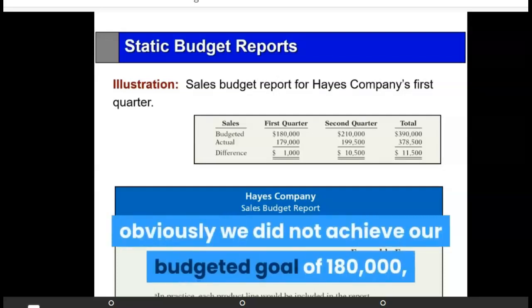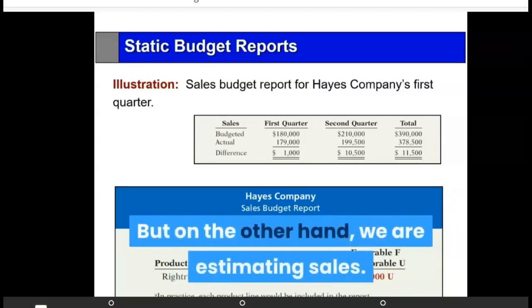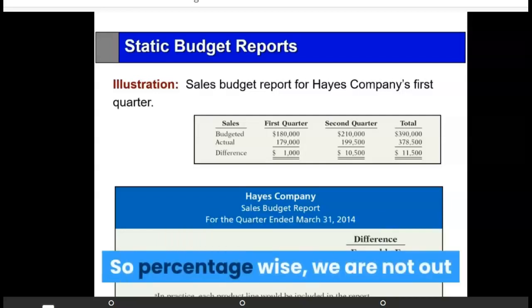Well, obviously, we did not achieve our budgeted goal of $180,000, so it would be looked upon as being unfavorable. But on the other hand, we're estimating sales, we came pretty close, within 1,000 on 180,000. So percentage-wise, we are not out that much.